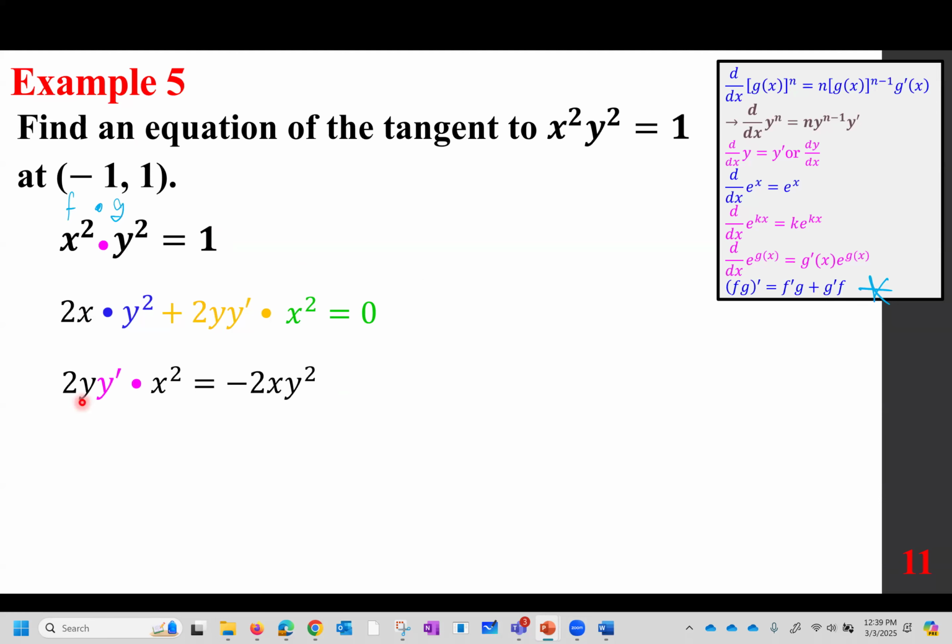And now we are going to divide by 2yx squared both sides. The 2's cancel out. The x goes away with the exponent. The y goes away with the exponent. We get minus y over x.